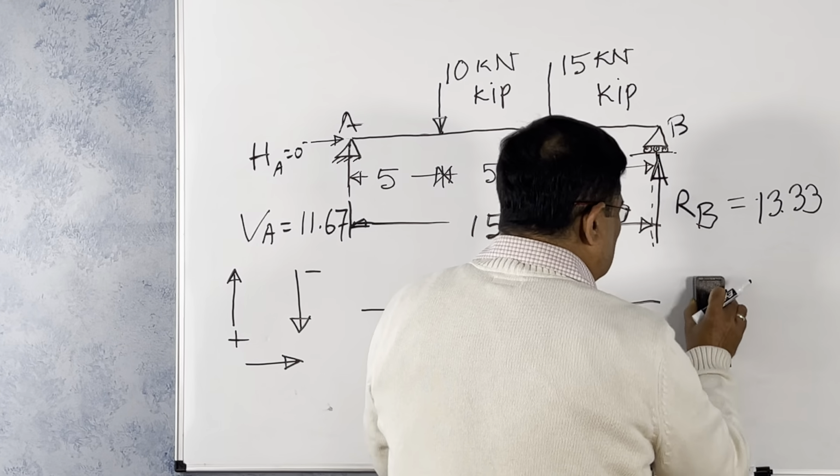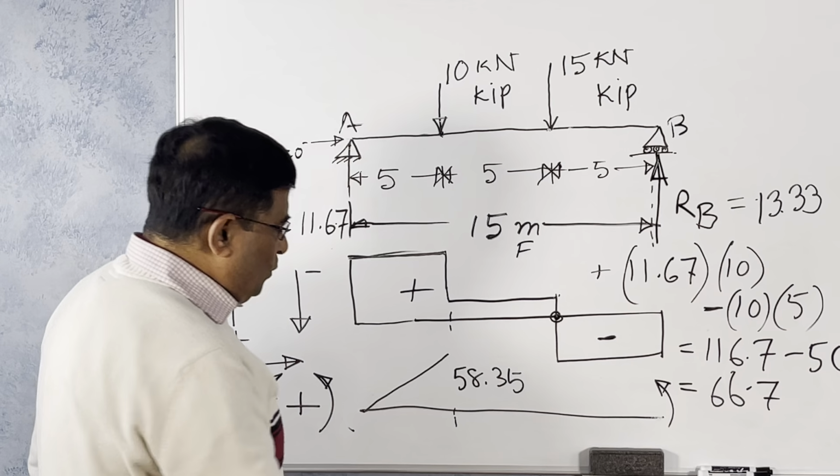So it is 11.67 times, from here to here the distance is 10, minus 10 times 5. This is the value. So what will this be? It is 116.7 minus 50. That will be your 66.7 positive.